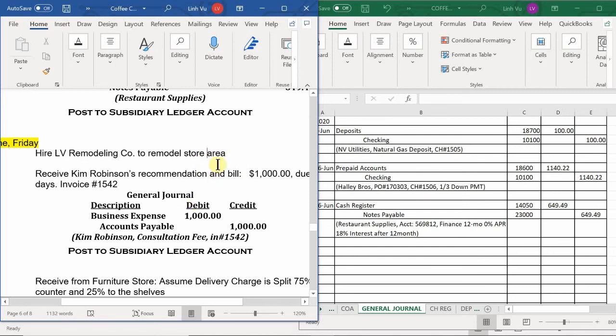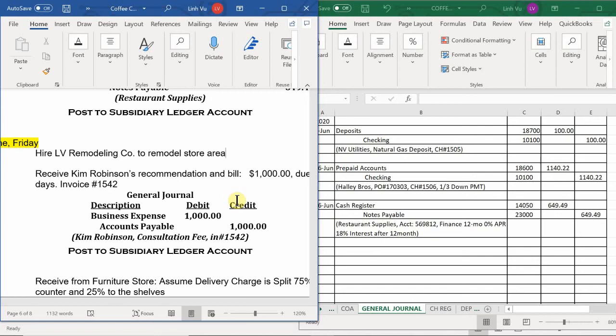Now, most constructions, if they're remodeling, should take about a couple days, maybe even a week. If they're painting, tearing down walls, building something, usually it will take a couple days. So they haven't billed you yet for completing the remodeling project.